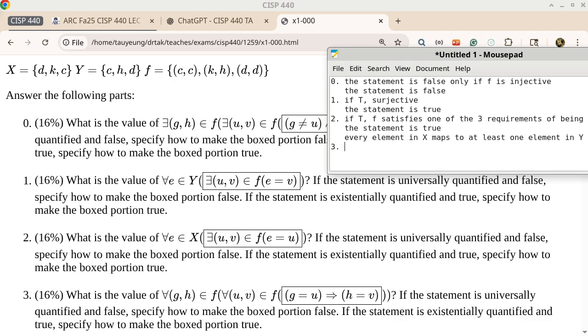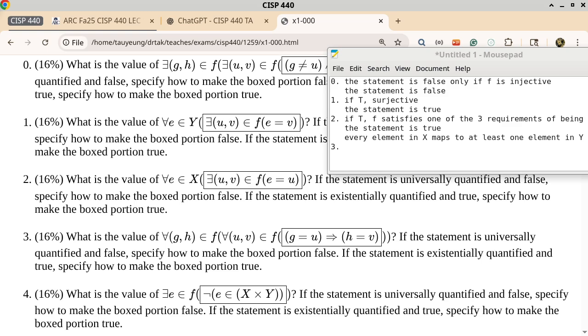All right. And what about three? Okay, so we'll scroll up a little bit. Oh, wrong mouse. Okay, so three right here. What is the value of this expression? And this time it's a double universal quantifier. So for every GH in F, for every UV in F, can we check to make sure that G equals U implies H equals V?